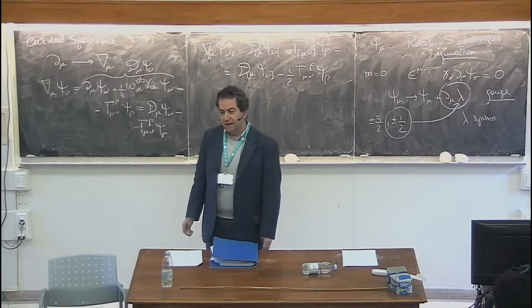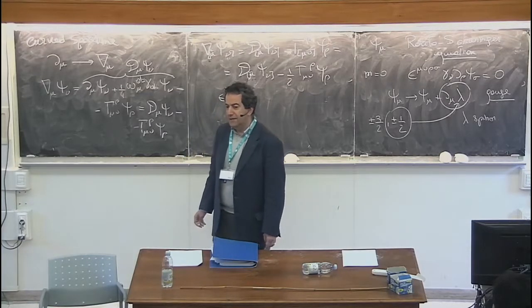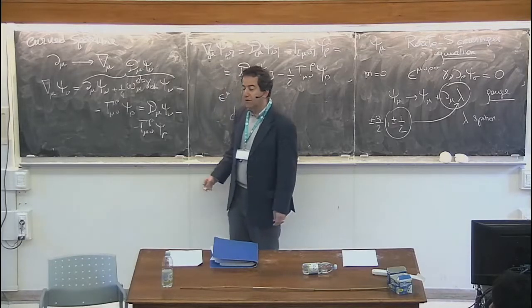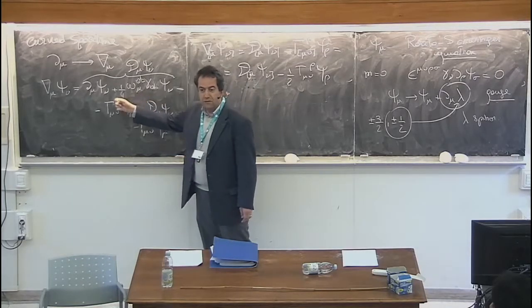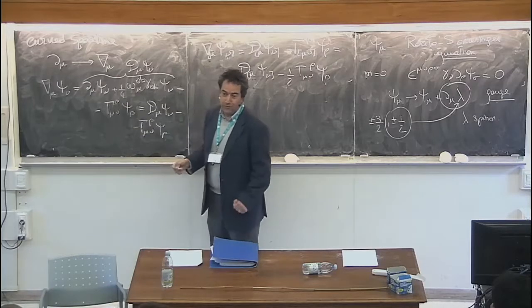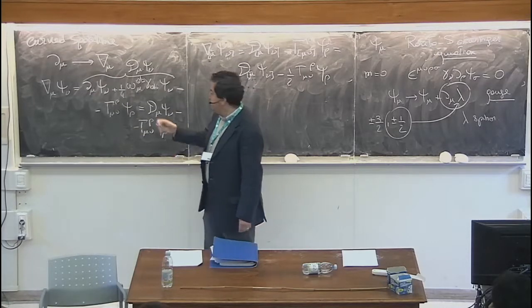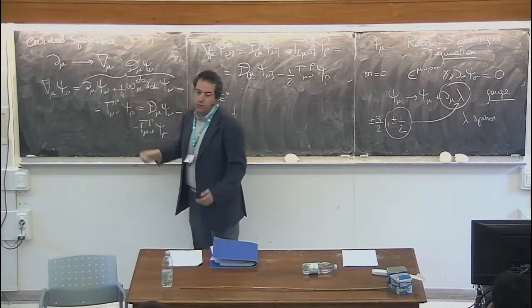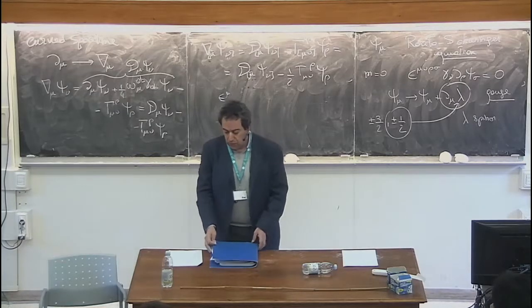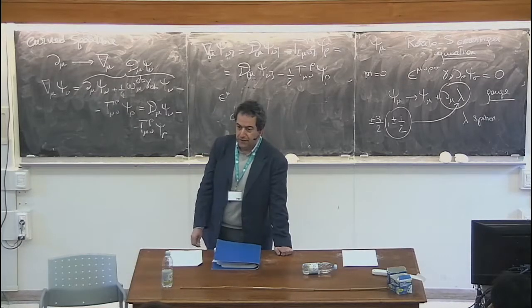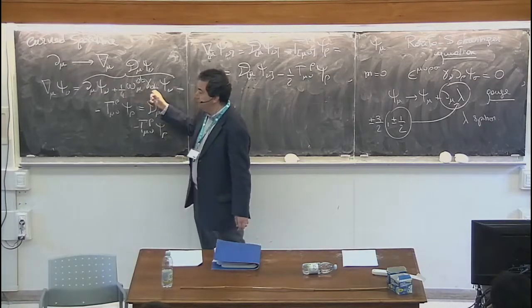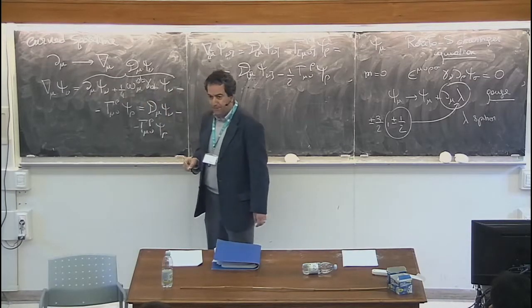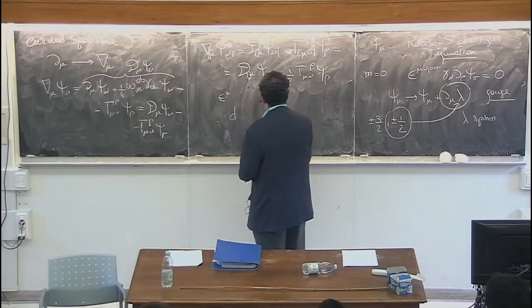Otherwise they are both expressed in terms of v, its derivative, and the torsion. But these are connections with respect to local coordinate transformations, okay? And this expresses the action of the connection on the spinor, right?